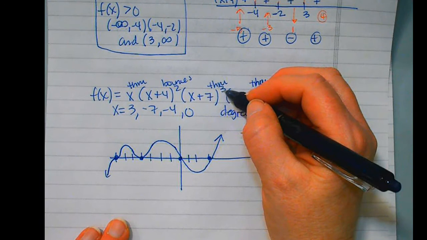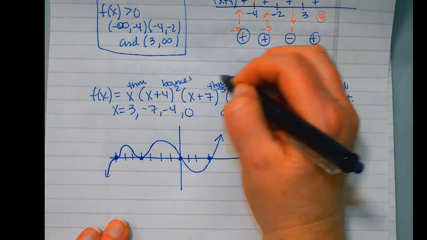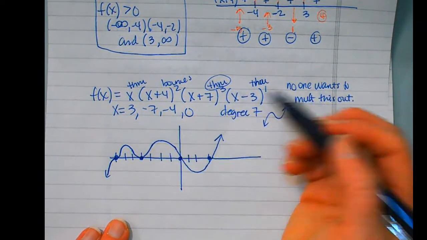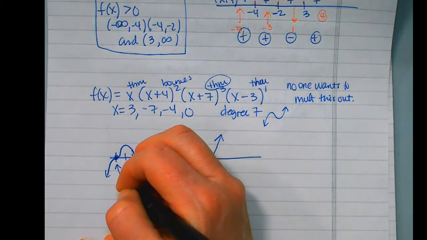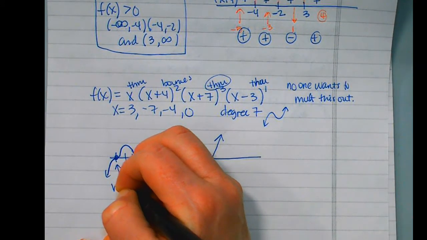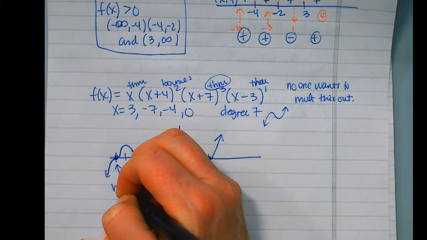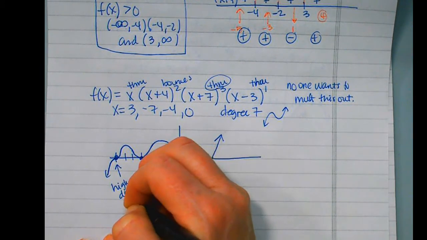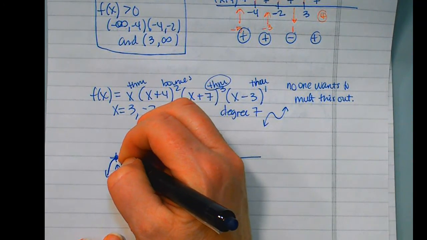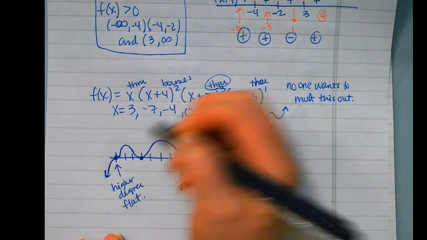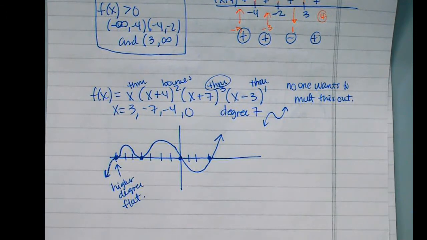So the 3, it does go through, so that's absolutely correct. And if you draw it straight, that's fine. But when this degree is a little bit bigger, a higher degree than just 1, it gets a little bit flat. So it approaches that value and gets a little flat and then comes down. That gives it that extra little wiggle that makes it to the 7th power.